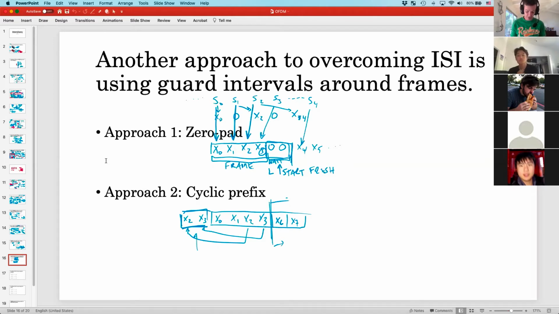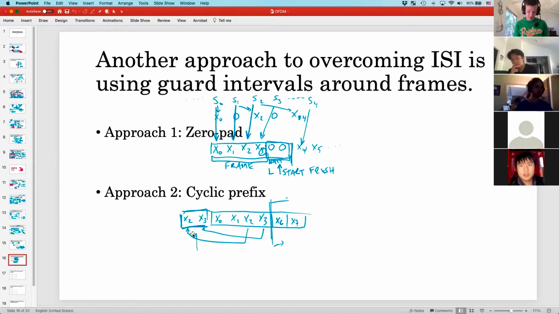That is a way to not send anything through the channel. But what we'll see is that you can also send what's called a cyclic prefix. So rather than sending zeros, send a cyclically shifted version of your signal.